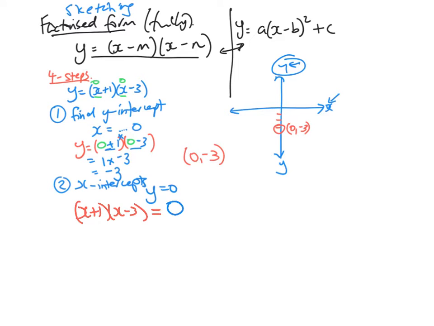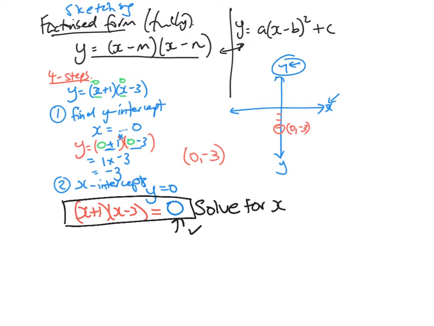Now have a good look at this. If you have this, you are basically going to do some solving for x. You know the y is 0, now you need to find the x. And we did a truckload of these, didn't we?